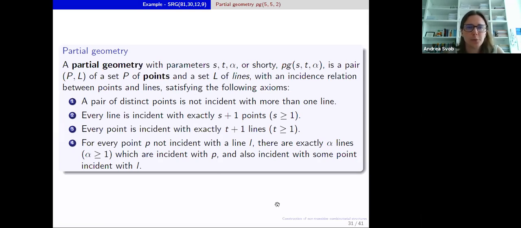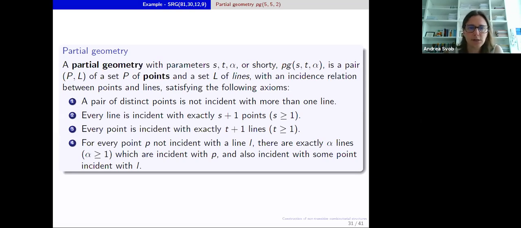A partial geometry having parameters S, T, and alpha, or shortly written PG(S, T, alpha), is a pair of a set P called points and a set L called lines, with an incidence relation between points and lines satisfying the following axioms. First, a pair of distinct points is not incident with more than one line.